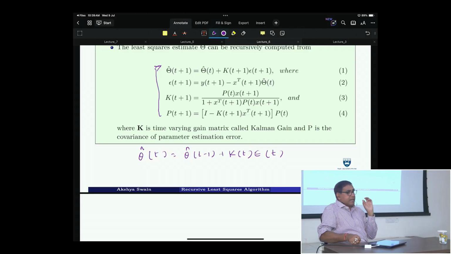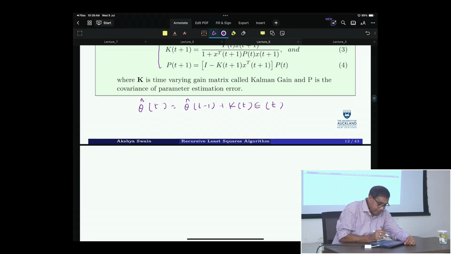The standard recursive computation in any signal processing or control or any subject: the present value is equal to the past value plus some gain and error. Standard formula.